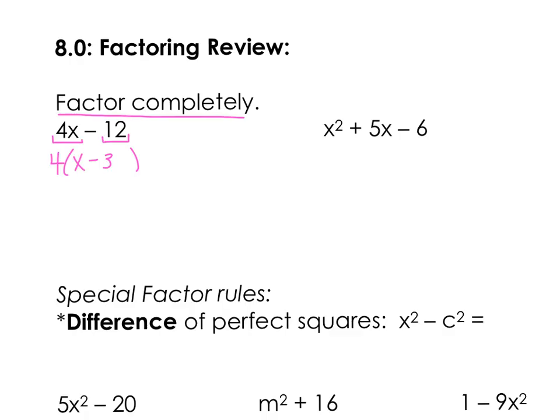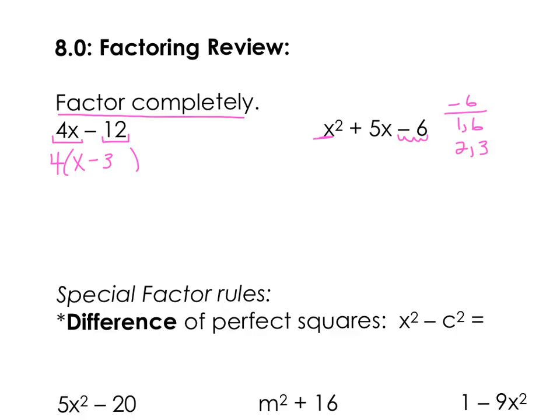Now the second one, x squared plus 5x minus 6, notice there are 3 terms with no common factor. If the number in front of x squared is 1, remember we go right to that constant at the end. What are numbers that go into negative 6? Well, we could do 1 and 6 in some way, or 2 and 3. Here's where it's kind of tricky. We have to get positive 5 when we add, but negative 6 when we multiply.